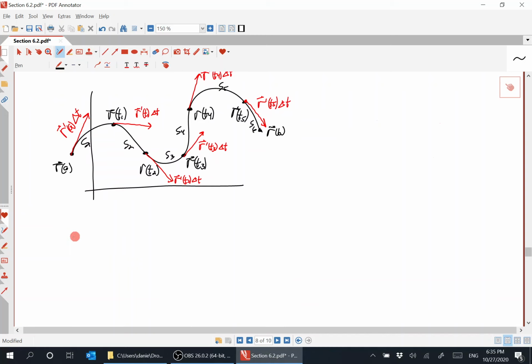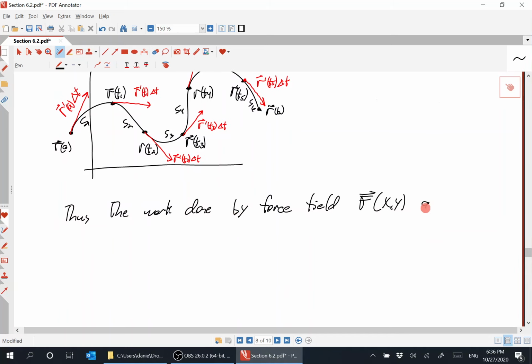The work done by force field F, and in this case it's F of x, y because we're working in 2 dimensions, along segment S_i.